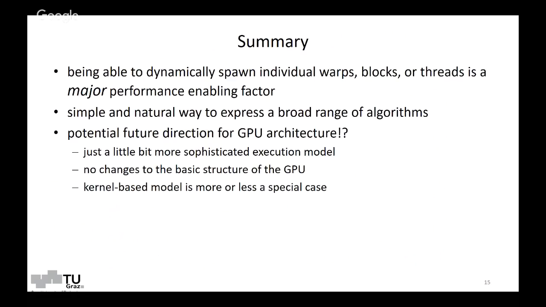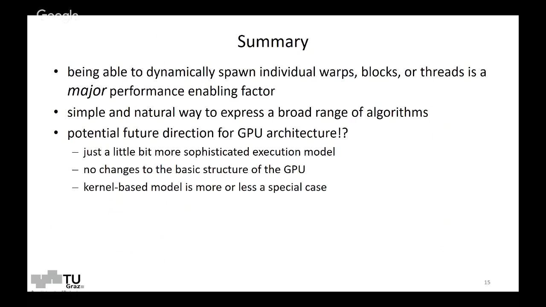Okay, this is all I more or less want to tell you about this first part. And all I want you to take away from that is that by changing the programming model, we can actually go ahead and have a more dynamic execution of the GPU. And we can go ahead and implement that model in software. And we actually found out with a couple of applications that in this way we get way more performance for certain kind of algorithms which usually don't fit the GPU too well.